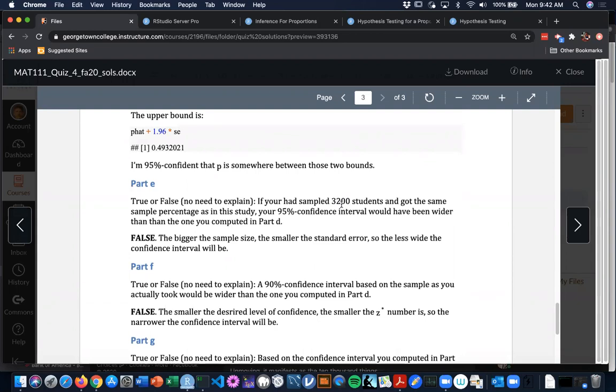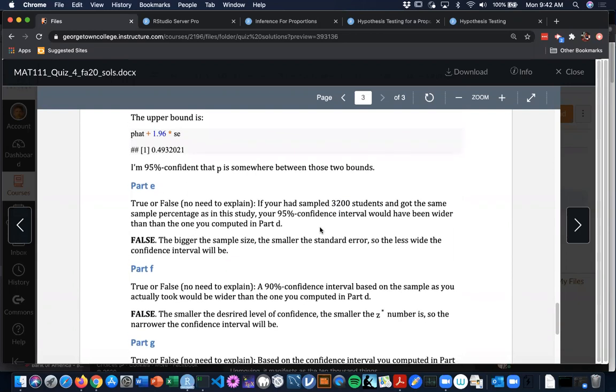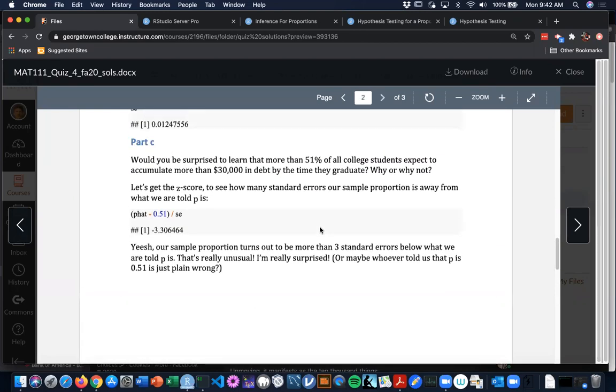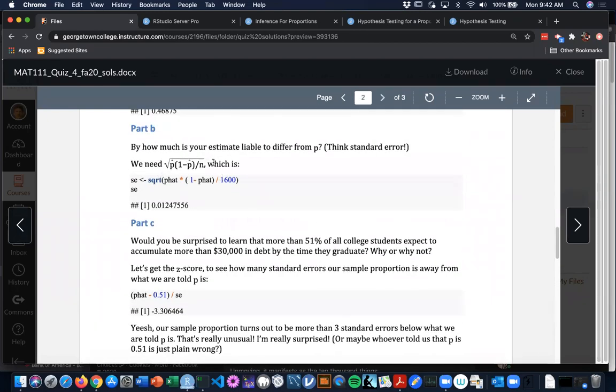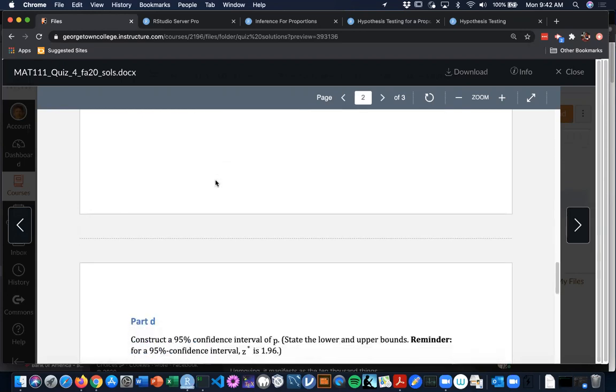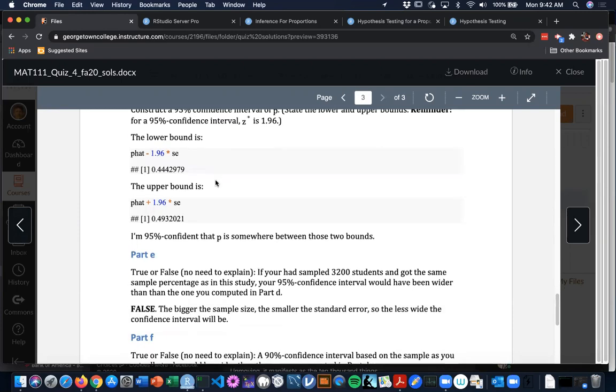What would happen then to my standard error? My p-hat is supposedly the same as before, so the stuff in the numerator is the same, but my denominator is now 3,200 instead of 1,600. It's bigger. That makes a smaller fraction, thus a smaller square root, thus a smaller standard error.